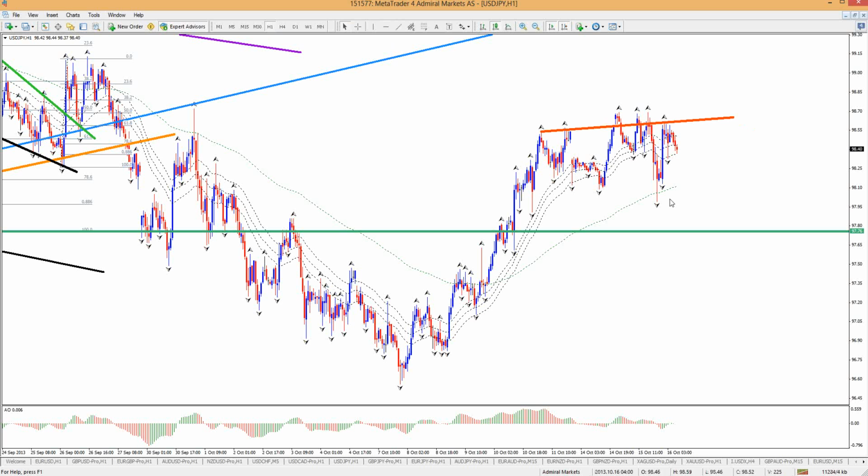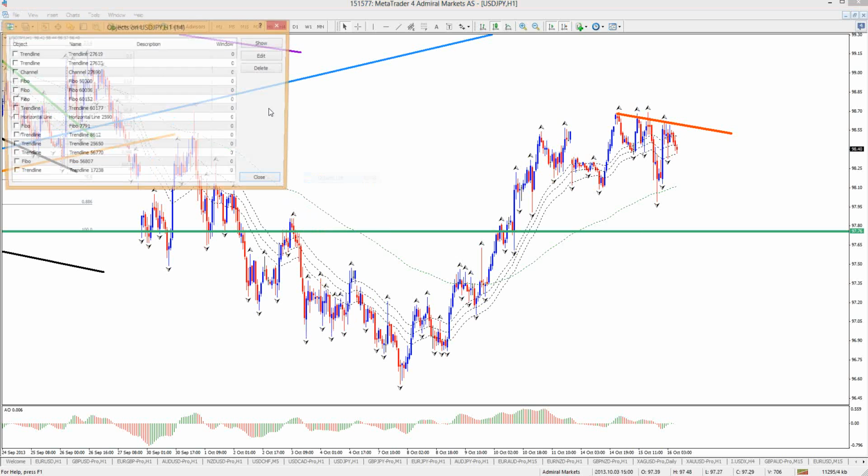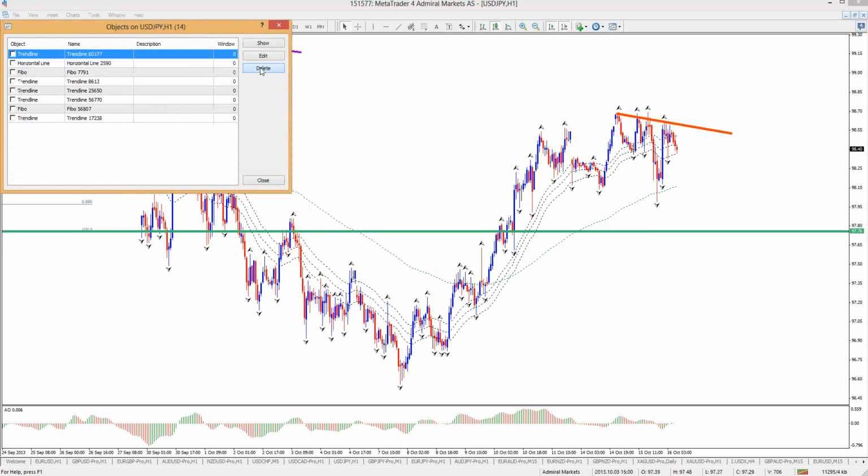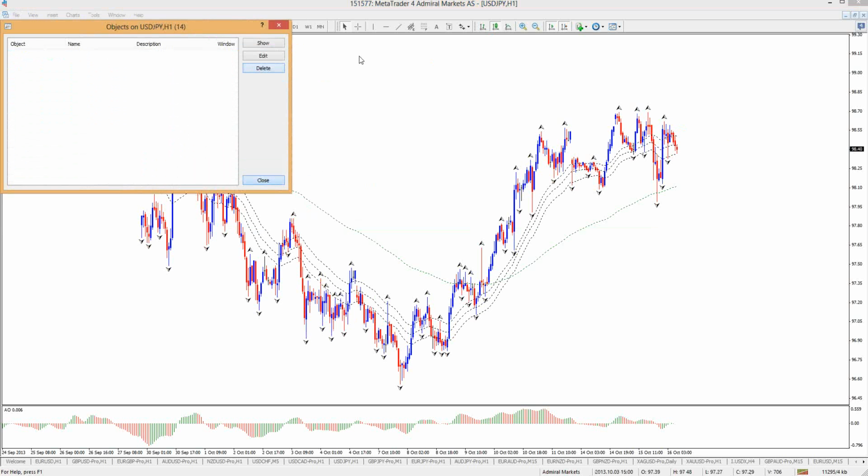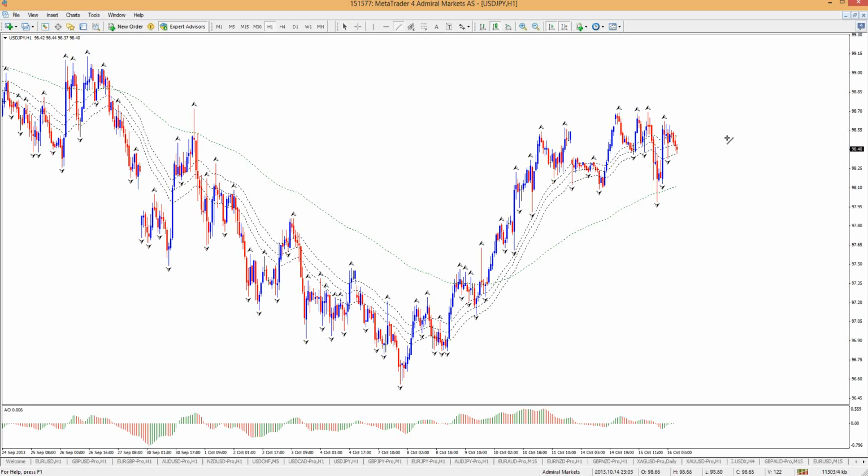I'm still looking for basically a break above this orange line. There are a lot of lines here. Let me take this off first and clean it up a bit. This orange line right here.